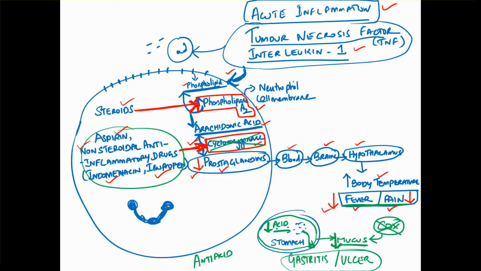Cyclooxygenase is blocked by aspirin, and steroids block phospholipase A2. Okay, so now with this basics we will go to the slides.